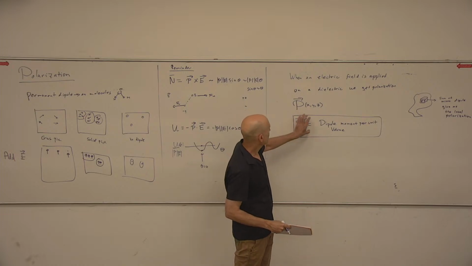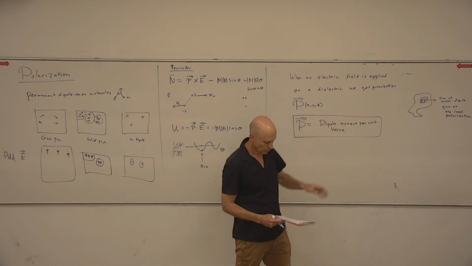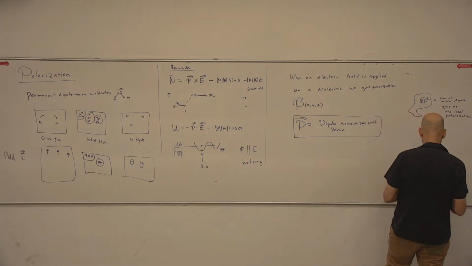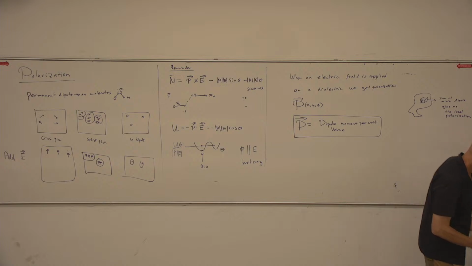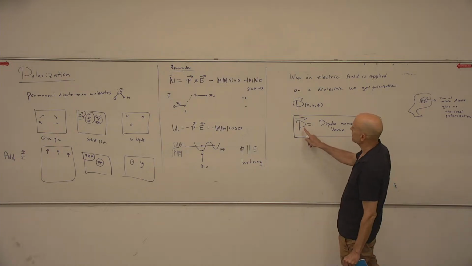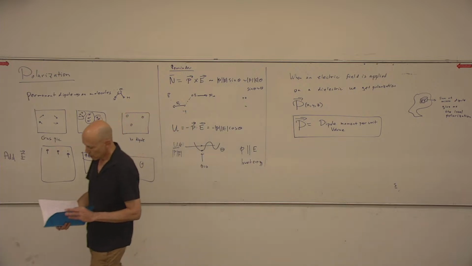So P times delta tau will give you the dipole itself. Okay. So now, hopefully this concept, but again, this is confusing at this stage. This P is related to the E usually, but not always.